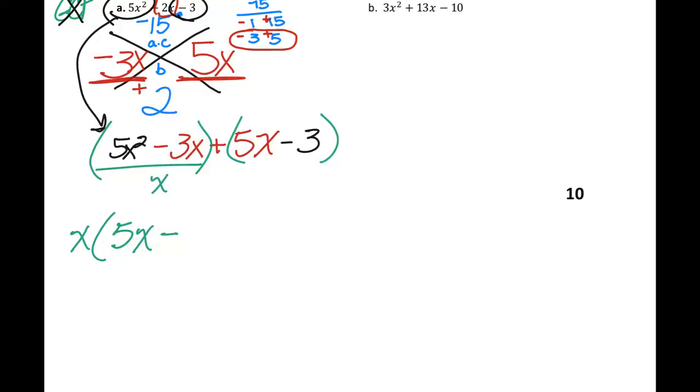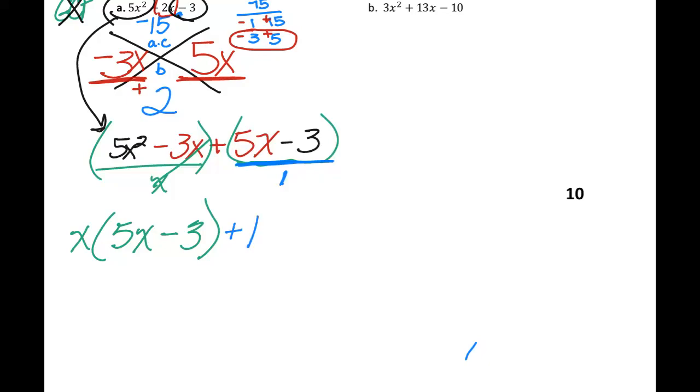Minus 3x divided by x is 3. Aha! I already have a 5x minus 3, so what does that mean? My greatest common factor of these two has to be? No, not an x. 1, because there is no x there, so it is a 1.